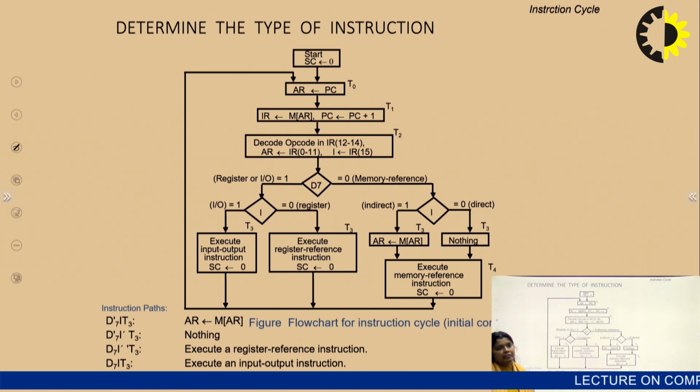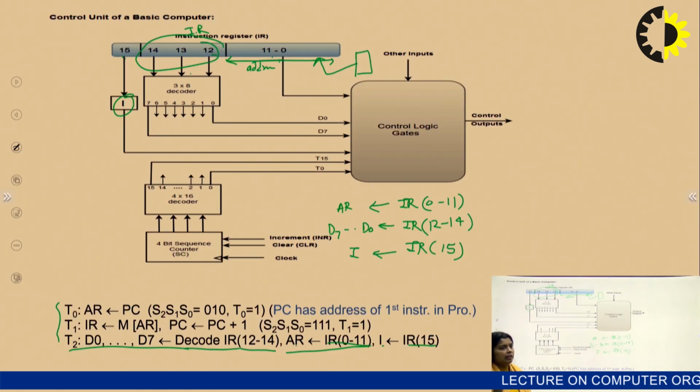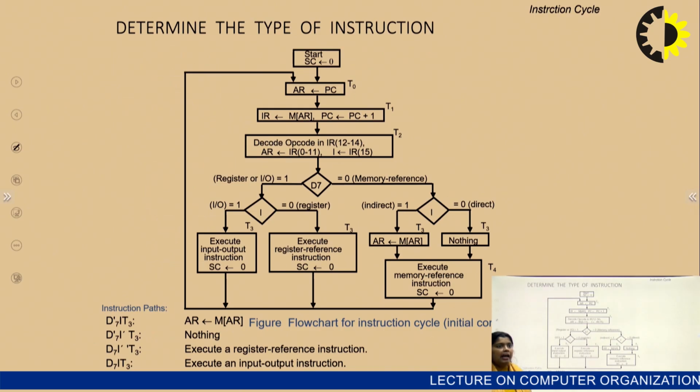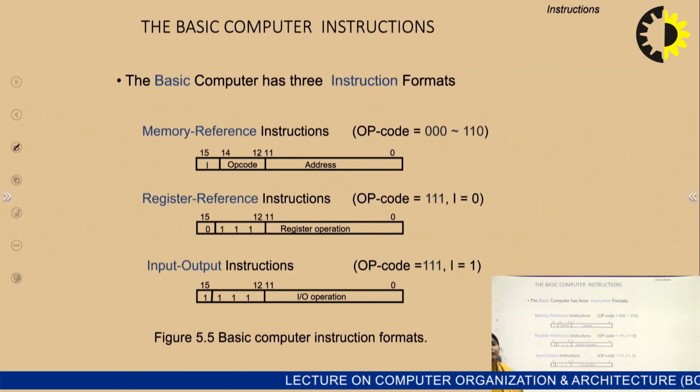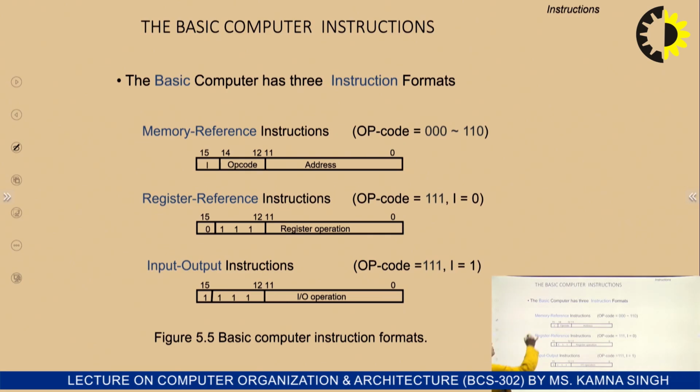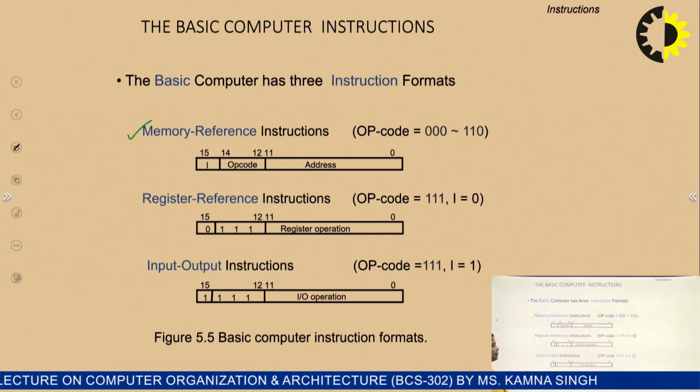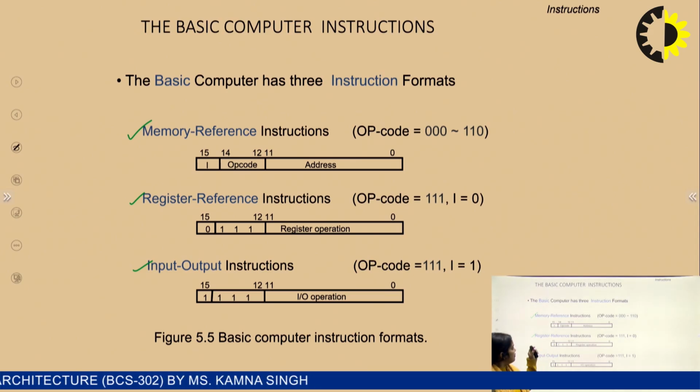Now the instruction cycle. This was T0, T1, T2, T3, and now the instruction cycle. Before the instruction cycle, you have to understand the types of instruction. There are 3 types of instruction: first is the memory reference instruction, second is the register reference instruction, and third is the input output instruction.